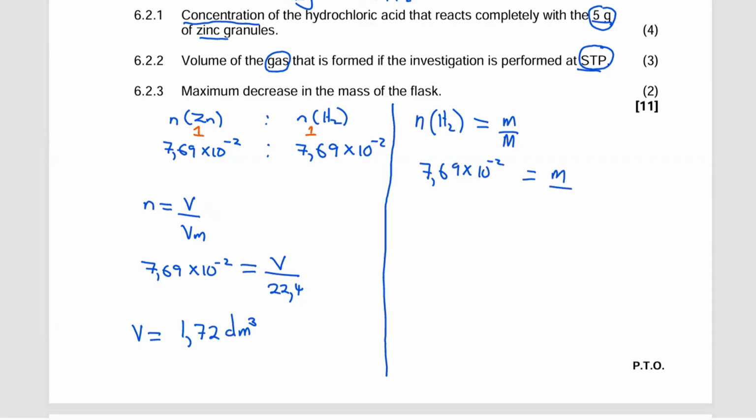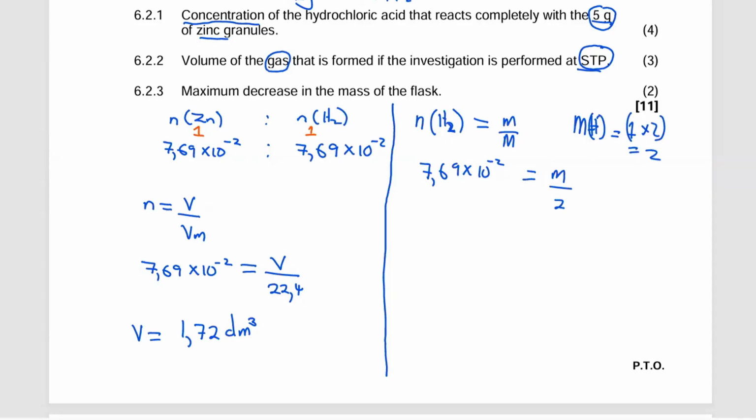2. Why are we saying 2? Because hydrogen is diatomic. To calculate the molar mass for hydrogen, M for hydrogen is equivalent to 1 multiplied by 2 of them, so at the end of the day we get a value of 2.